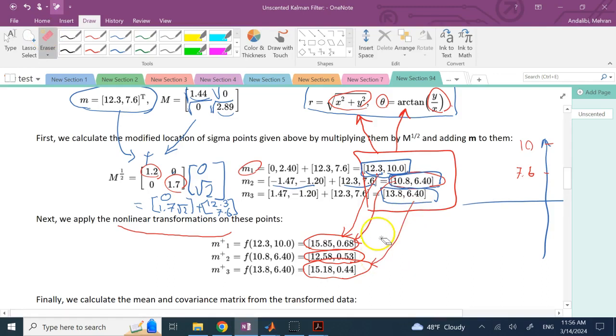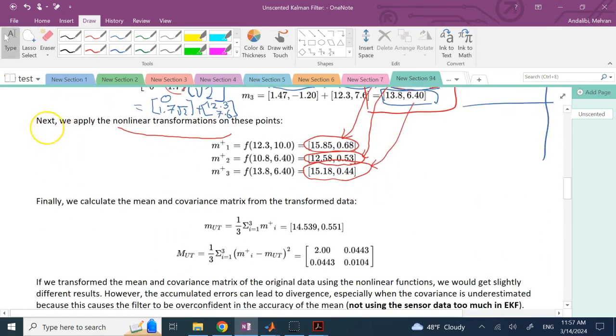Okay, so now I got my transformed sigma points. Now, how do I get the new average and the covariance of the transformed data? Well, based on what we know from statistics, we simply add these three points together and divide by 3.